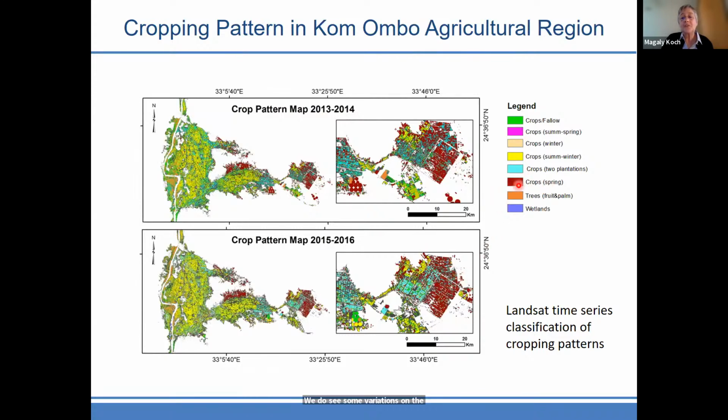The spring crops in dark red seem to be taking up more areas in 2015-16 than the year before, or 2 years before, and then the summer ones, you see the yellow colors, they're usually closer to the Nile, because the Nile is a very reliable source of water, right?